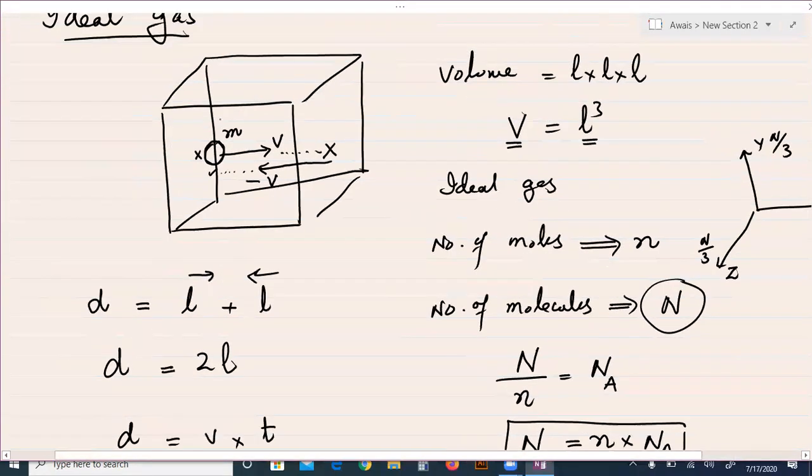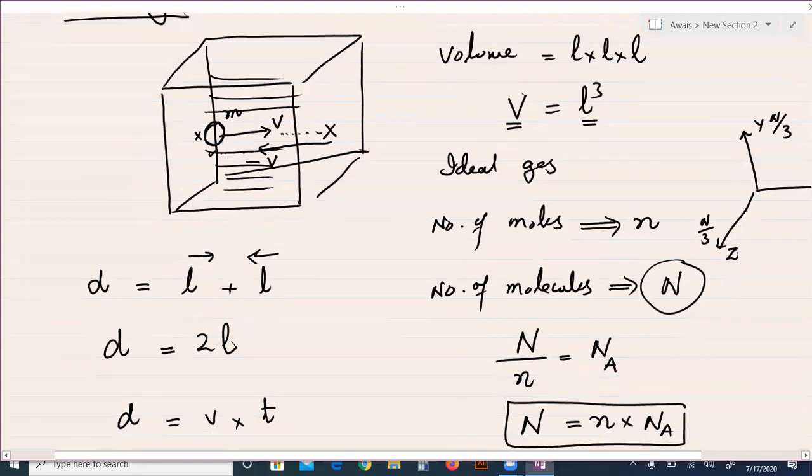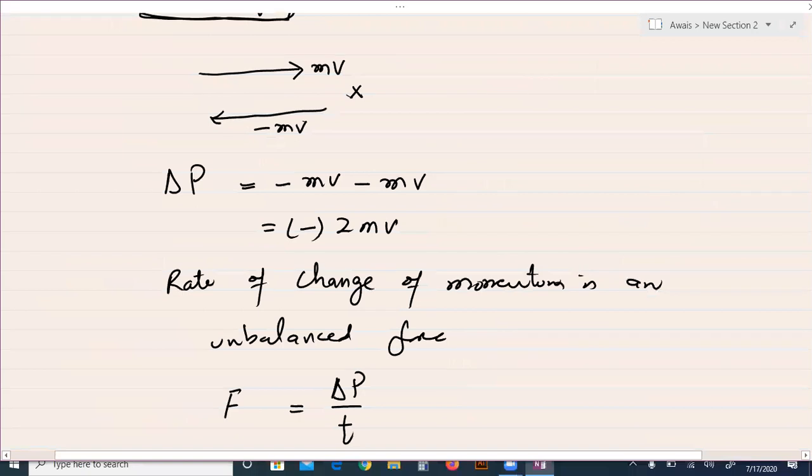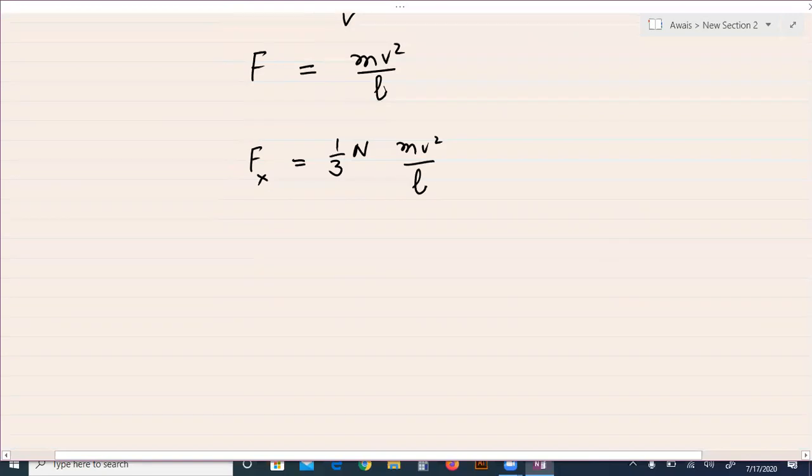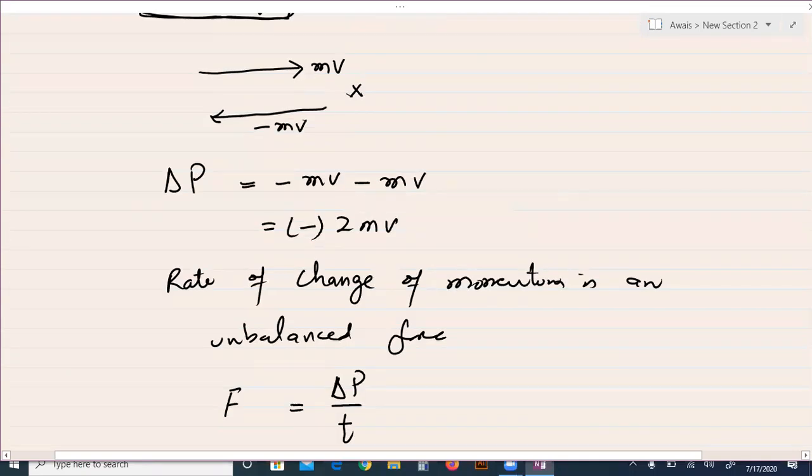So the total number of molecules moving along the x-axis is N by 3. So the total force exerted at one wall along the x-axis will be 1 by 3 N times mv square over L. And it can be written as Fx is equal to 1 by 3 Nm c square over L. But do remember this speed is the speed of all molecules.